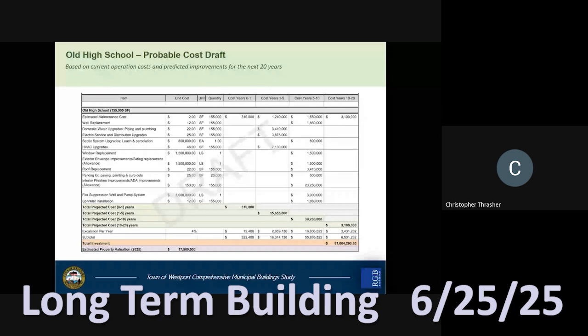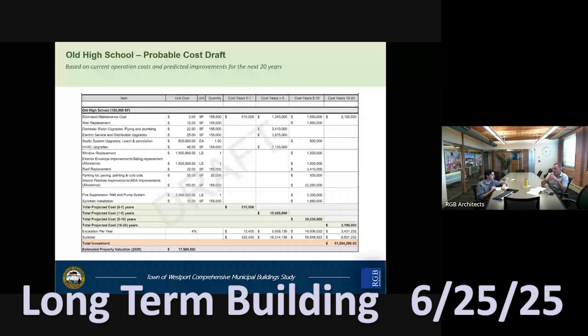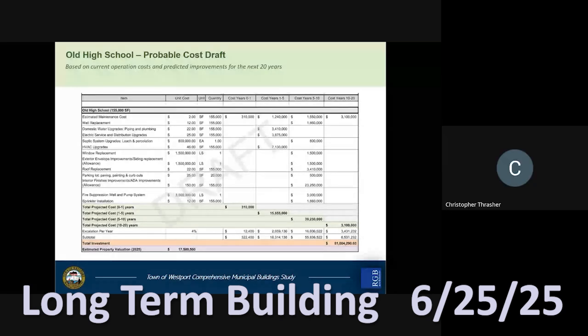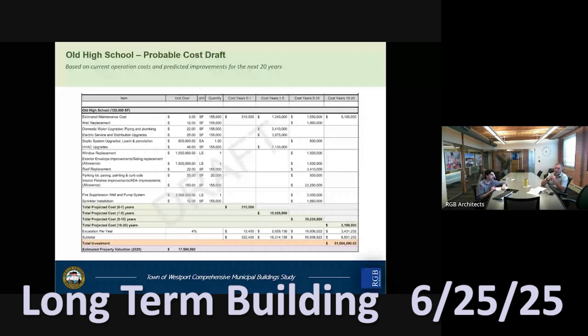What I worry about with presenting a least cost option is it's almost considered an automatic default to that option. It makes it too easy. Exactly. That's really my concern.